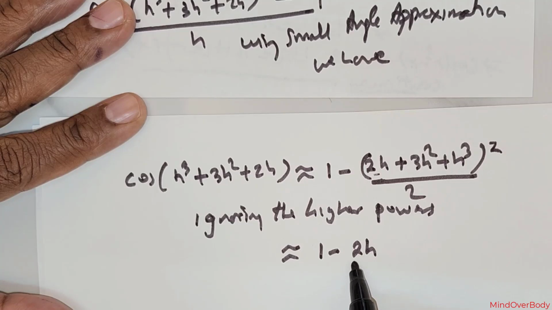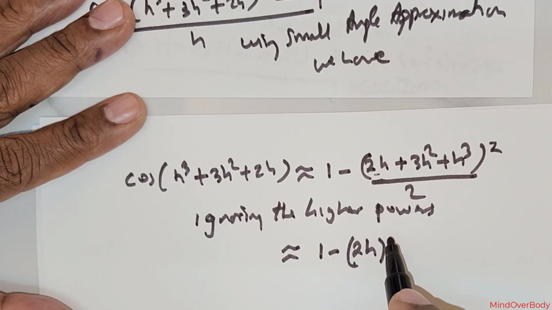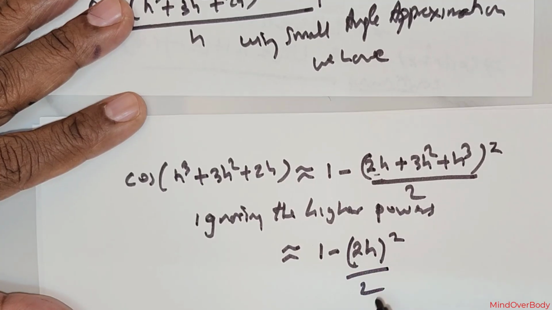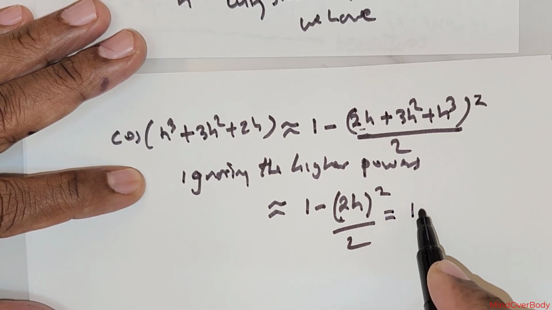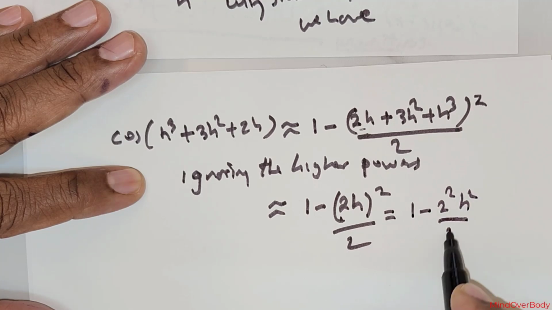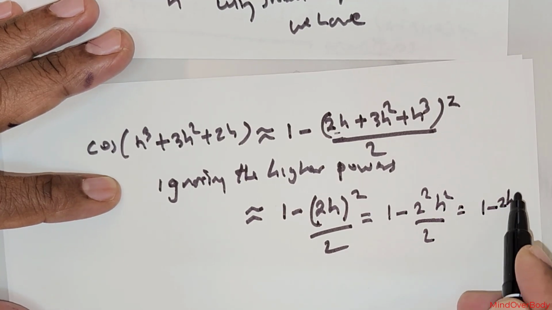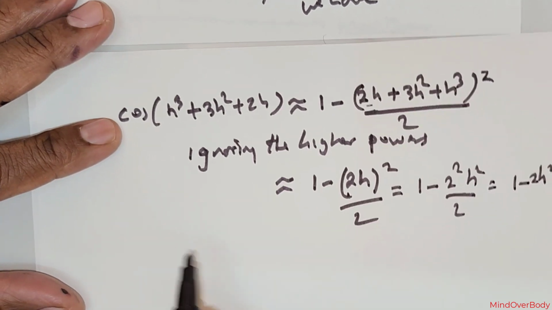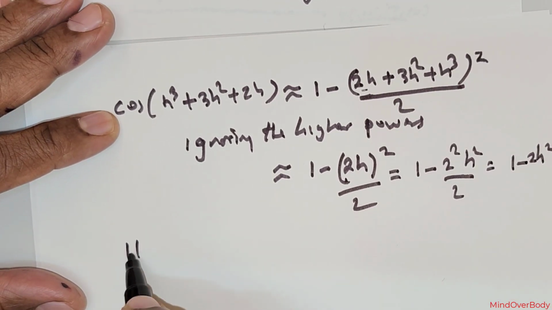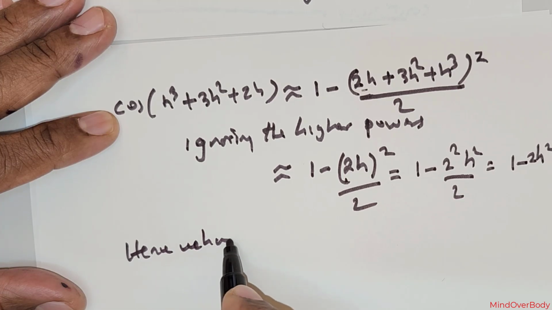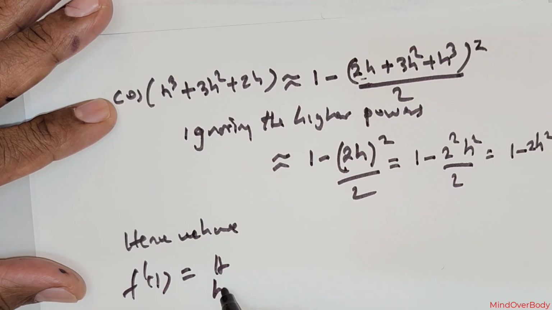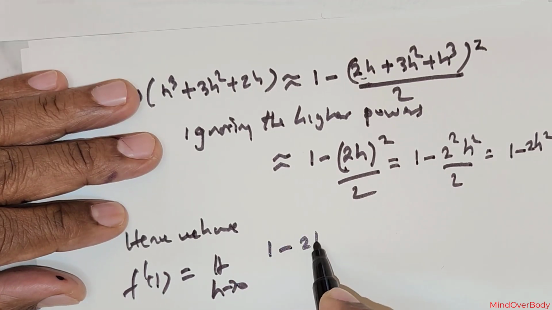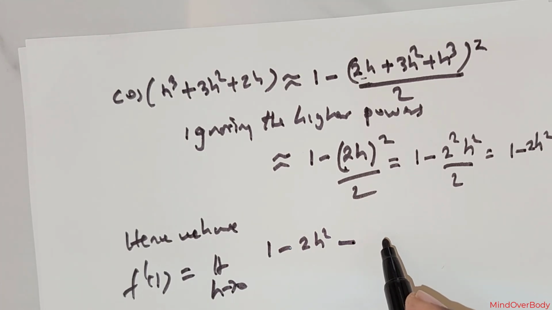So this is going to be approximated with 1 − (2h)²/2. When we are rewriting, this will be equal to 1 − 2²h²/2, which is going to be 1 − 2h². So we will utilize this. Hence we have the functional value f'(1) equal to the limit as h tends to 0 of [1 − 2h² − 1]/h. There is already a −1 here.